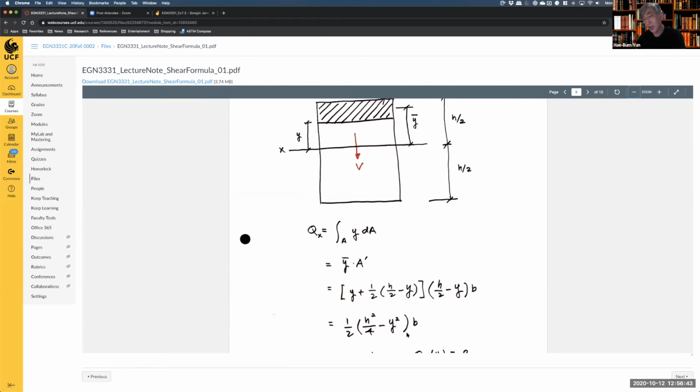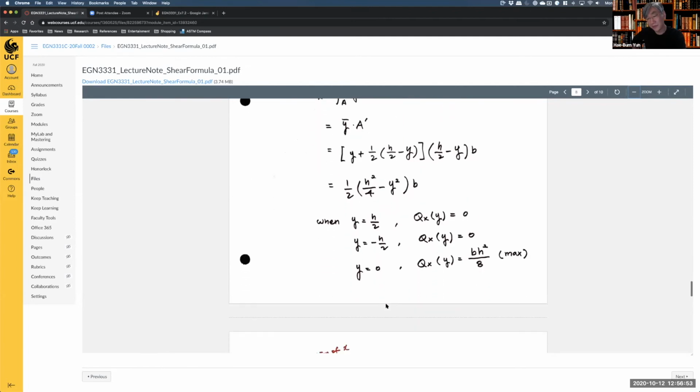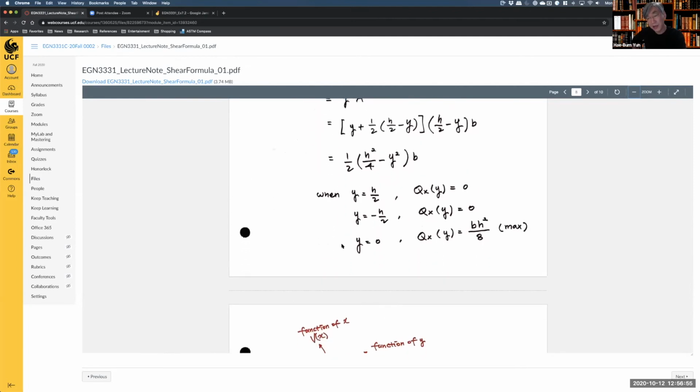The same thing applies in the cross section. So everything makes sense. When y is equal to 0, then Q will be bh squared over 8, which is the maximum.